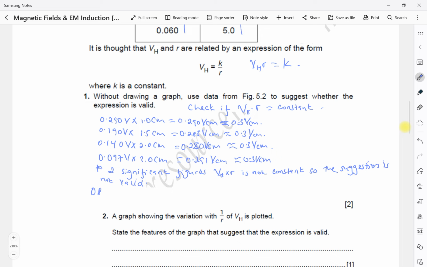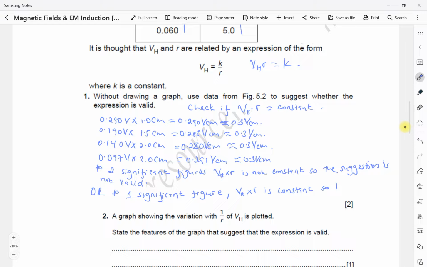Or now check for one significant figure. It is valid. So I can set it to one significant figure, VH times R is constant.